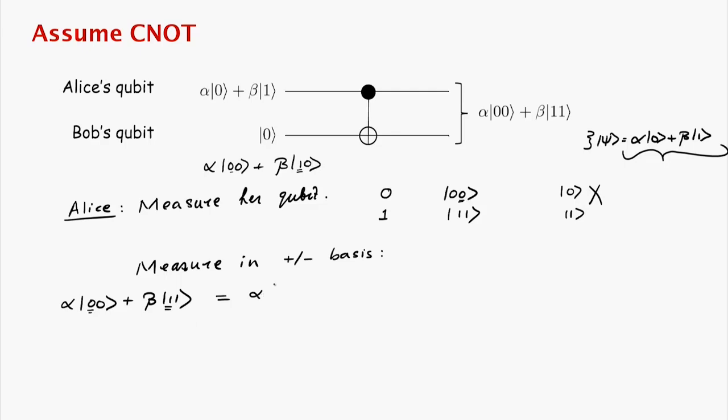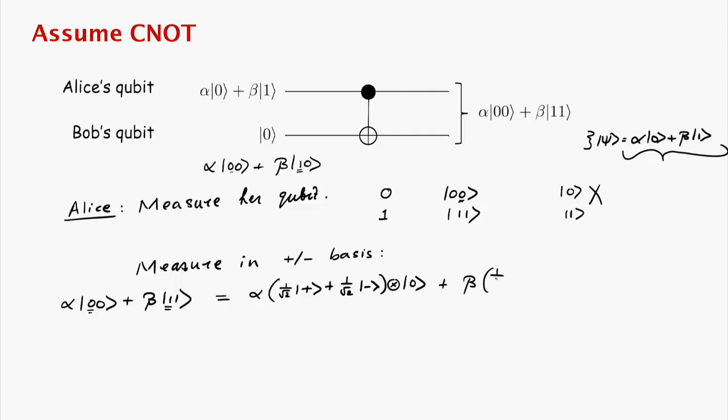So this is alpha times, what's 0? It's 1 over square root 2 plus plus 1 over square root 2 minus, tensor 0, plus beta, what's 1?